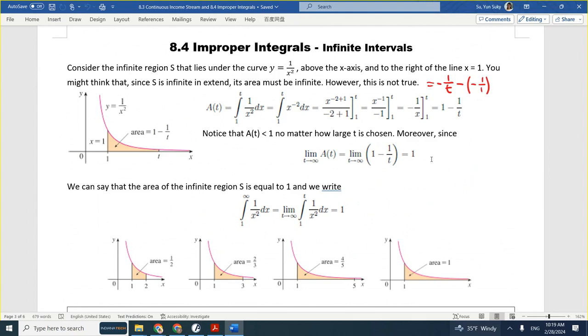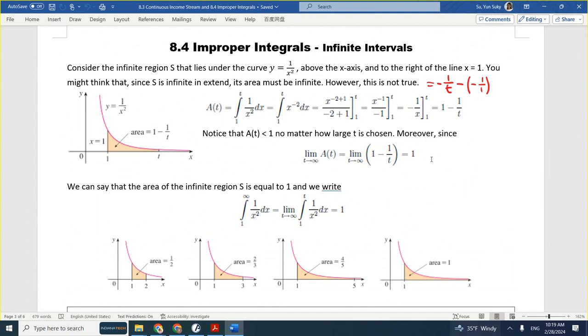So even though you add infinitely many numbers together, your answer could still be finite. So don't think, oh, I'm integrating infinitely many things, like the interval is infinite, then my answer should be infinite. It's not necessary.